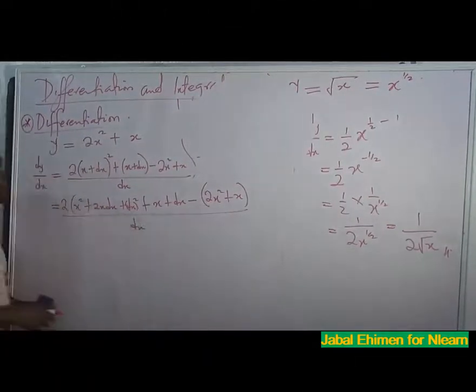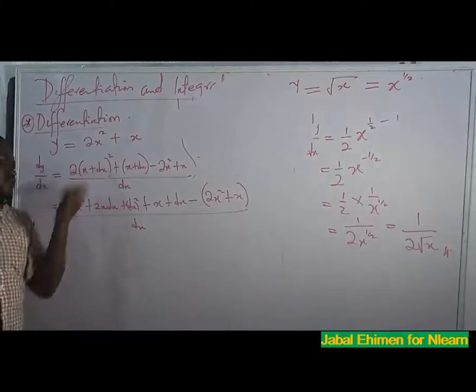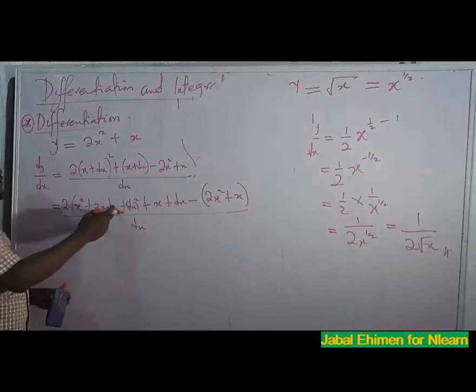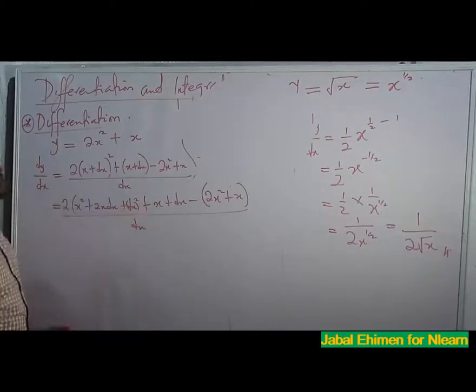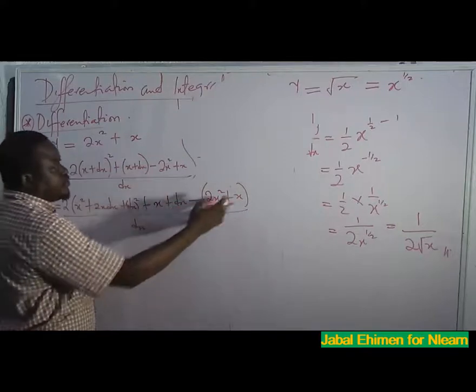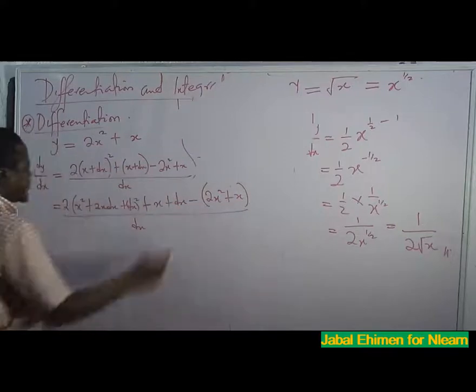What I did was, first of all, I opened this bracket. When you open that bracket, expansion, you get x squared plus 2x dx plus dx squared. Plus, now this, if you open this, is something as x plus dx minus. I have to cover the bracket because of the minus sign.